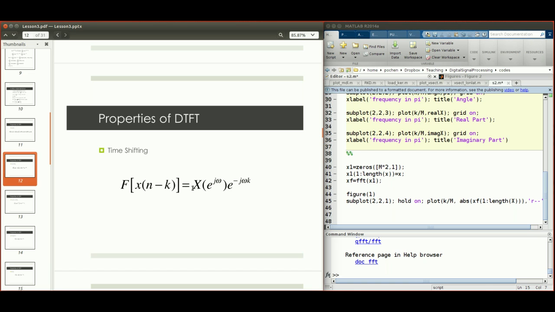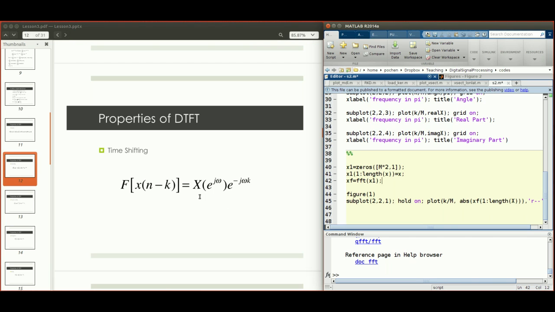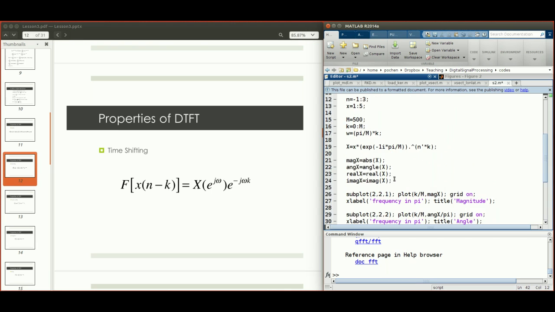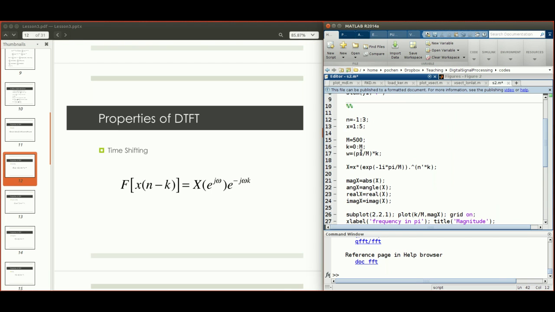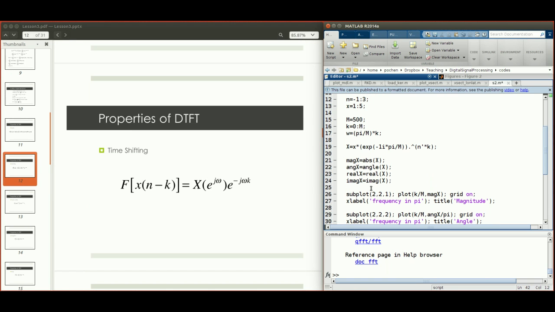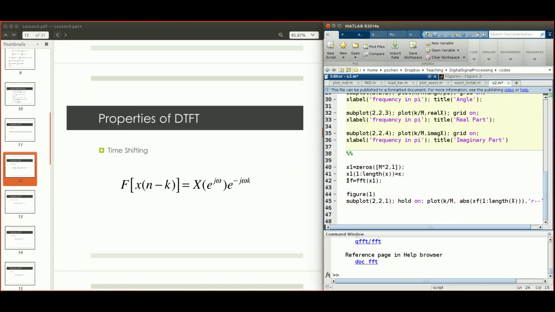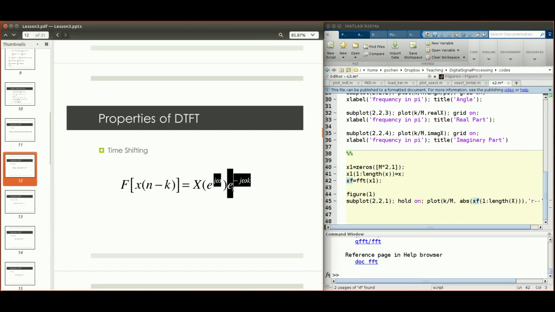So let's try to incorporate this formula into our example here. It means that in order to get a Fourier transform of a sequence that's not starting from 0, starting from -1, you have to multiply the output sequence of FFT, XF, with this complex sequence.